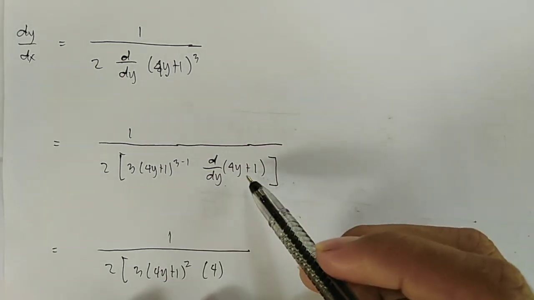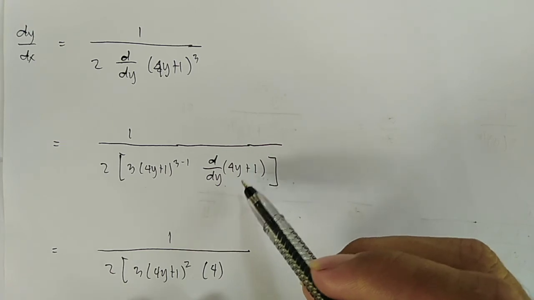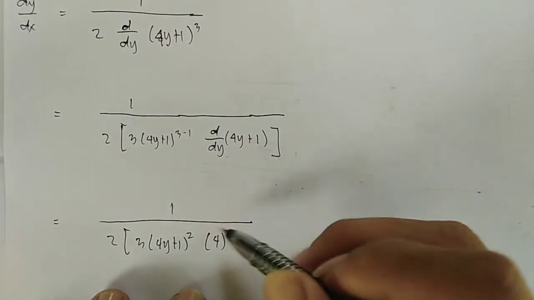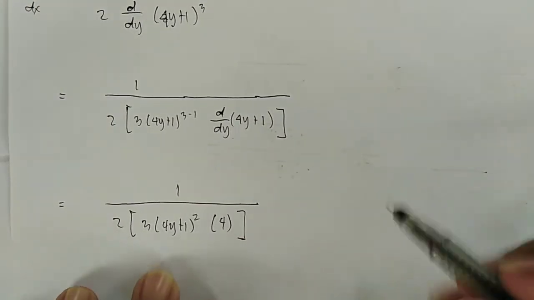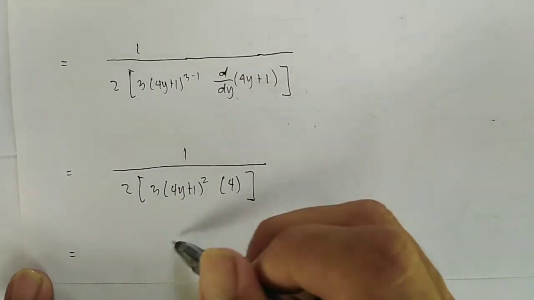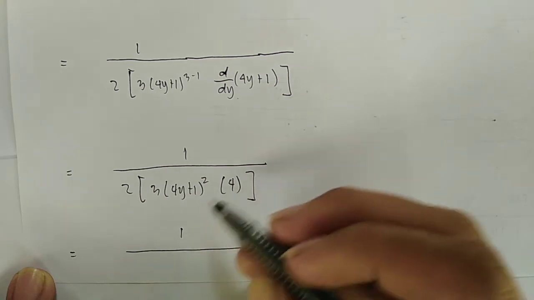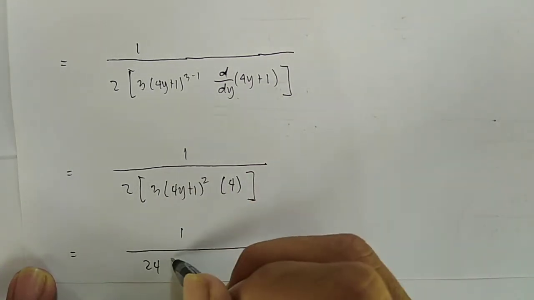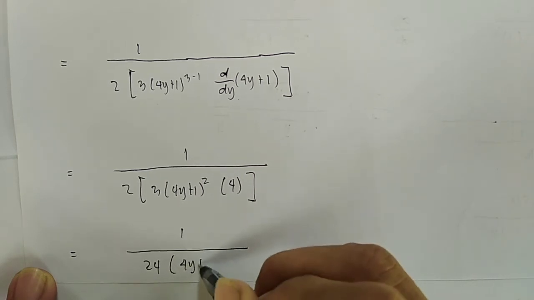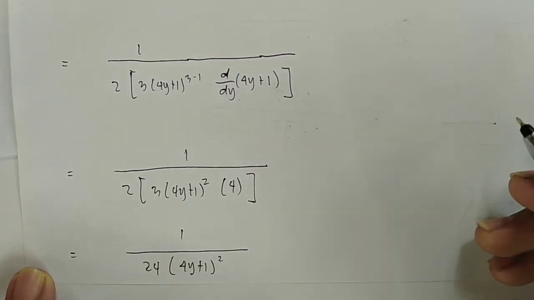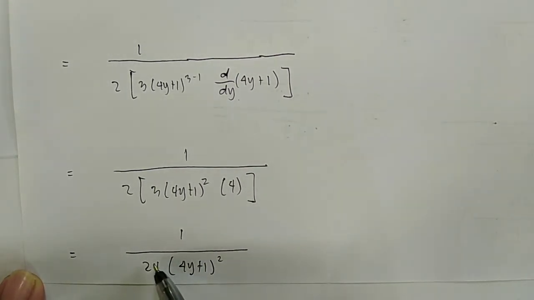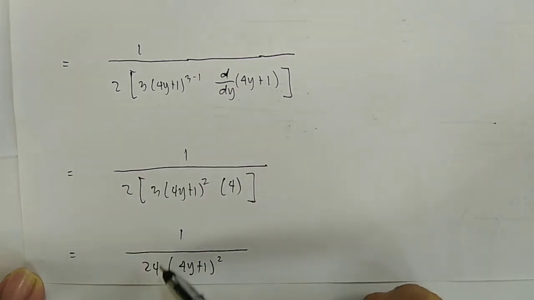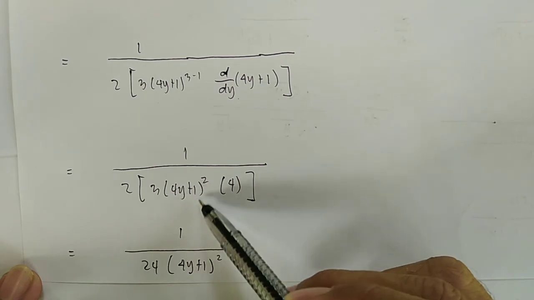So yan, simplifying further, ang mangyayari dyan ay 1 all over 2 times 3, 6 times 4, 24. So 24 times the quantity of 4y plus 1 squared. Saan natin kinuha yung 24 again? Sa 4 times 3, 12 times 2, 24. So times the quantity of 4y plus 1 to the power of 2.